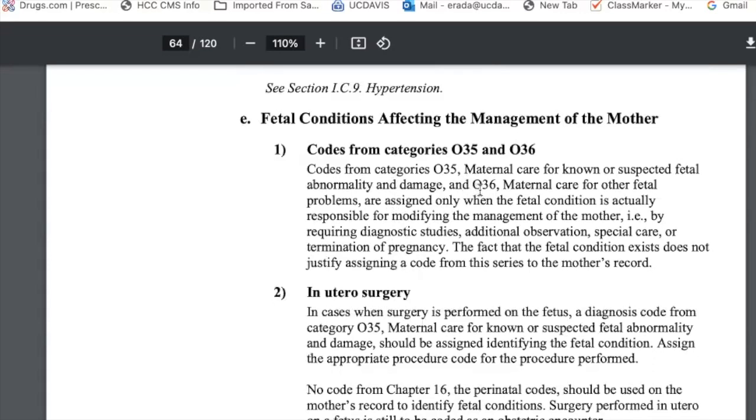Codes from categories O35, maternal care for known or suspected fetal abnormality and damage, and O36, maternal care for other fetal problems, are assigned only when the fetal condition is actually responsible for modifying the management of the mother by requiring diagnostic studies, additional observations, special care, or termination of pregnancy. The fact that the fetal condition exists does not justify assigning a code from this series to the mother's record.